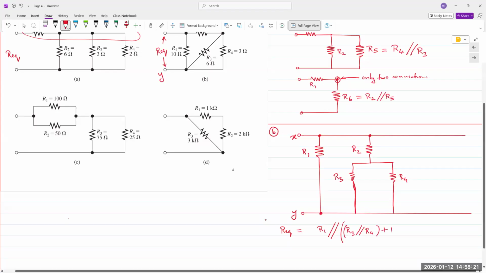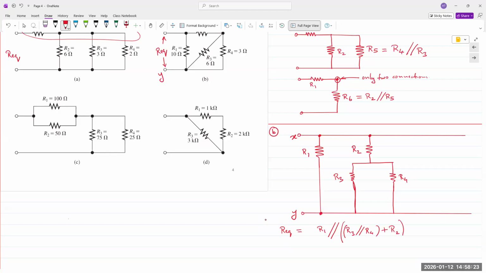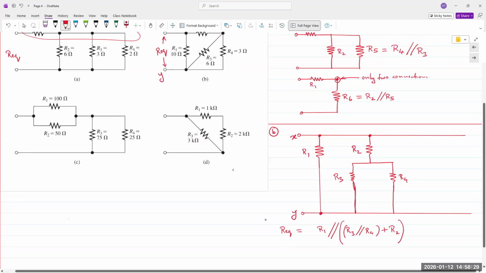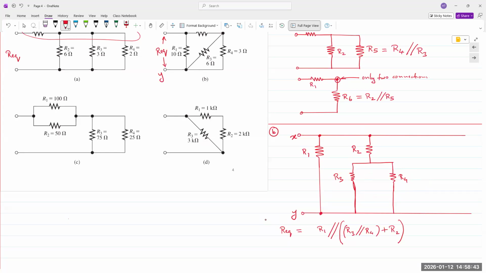And then they are in series with R2. Okay, R3 and R4 are in parallel, and thus they're in series with R2. And then, of course, the entire branch is in parallel with R1. And this technique will work on most circuits.